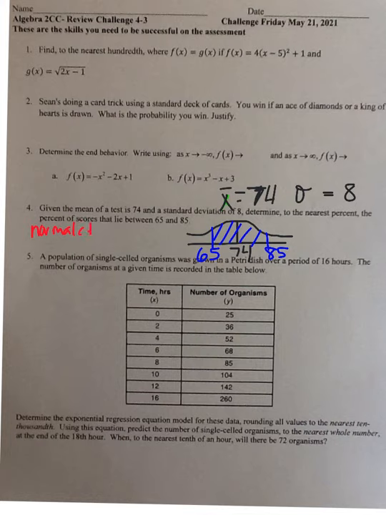Normal CDF, 65, 85, 74, and 8. And paste that. And it's approximately 78.5%. All right, so let's take a look at number 5.